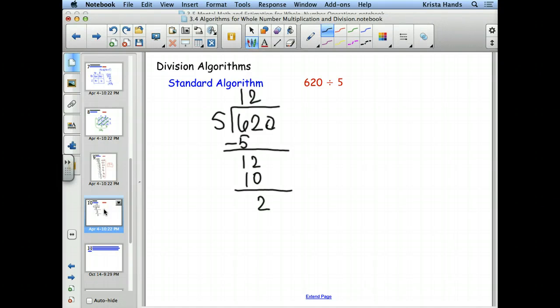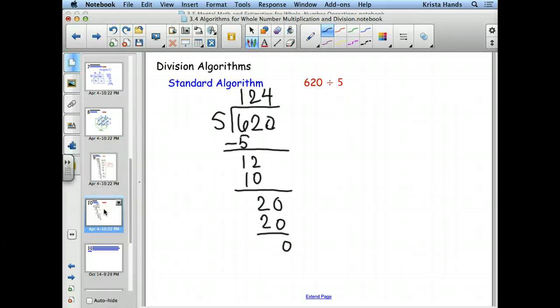I've got a result of 2 here, and I bring my 0 down. And I've got my 20 again. I have to know my multiplication facts to say how many times does 5 go into 20. 4. And 4 times 5 is 20. The remainder of 0, or whatever the remainder is left. So all your standard algorithm is a way of efficiently doing repeated subtraction. It really is.